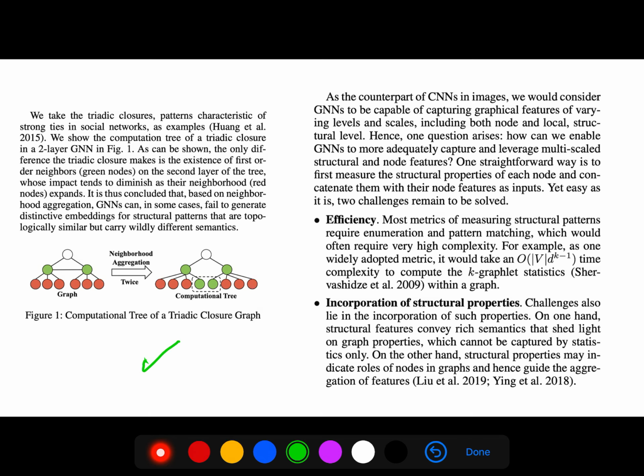So how can we enable GNNs to more adequately capture and leverage multi-scale structural and node features?